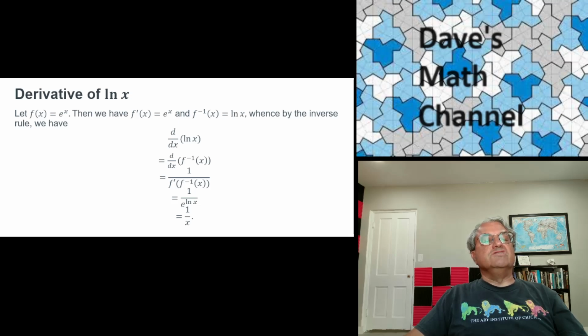And f inverse of x is log of x. So we just plug everything in here. When we do that, we get 1 over e to the log of x, but we know that e to the log of x is nothing but x. So when we're done, we just get 1 over x. That's how you can derive this formula. So that's the derivative of the natural logarithm. Very simple, just 1 over x.